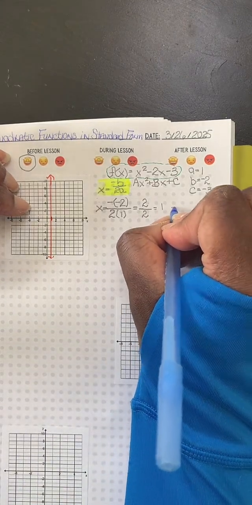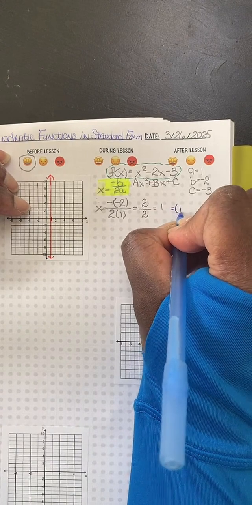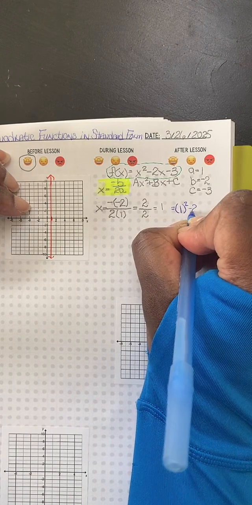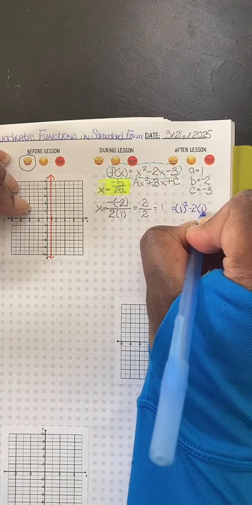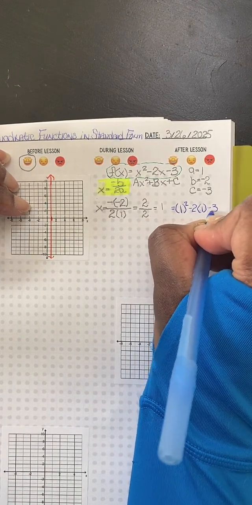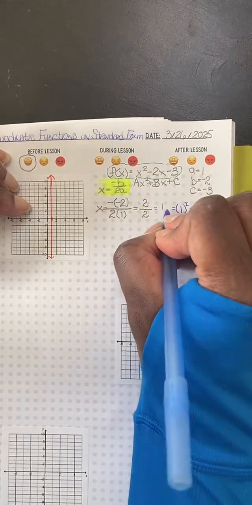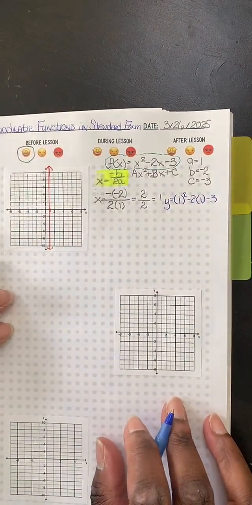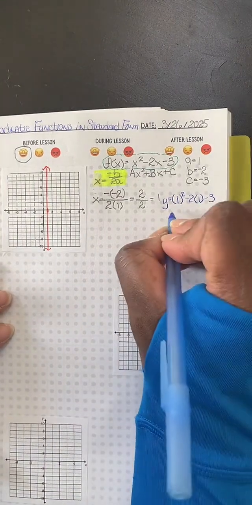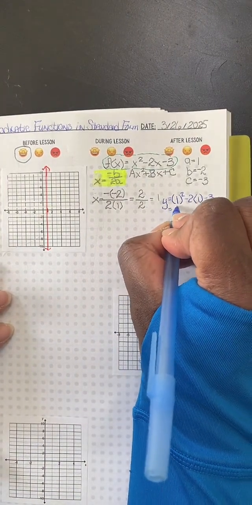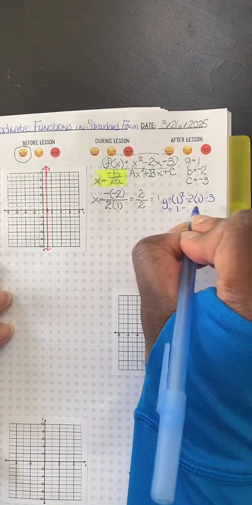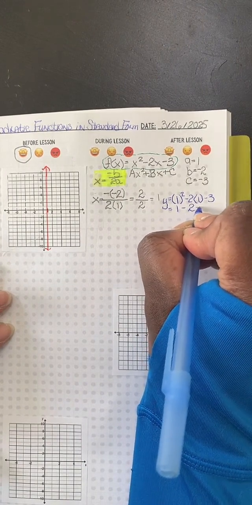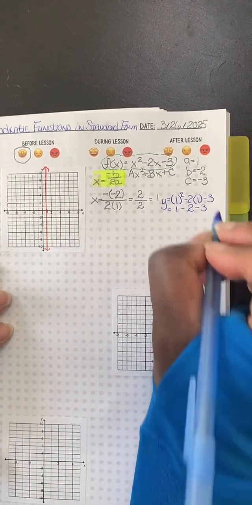So I'm going to say I have 1 squared minus 2 times the 1 minus 3. So this is what our y is going to equal. 1 squared gives me 1, minus 2 times 1 gives me 2. Bring down the minus 3.